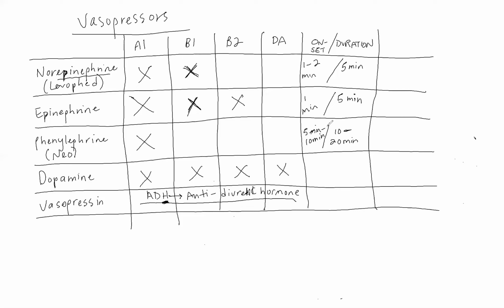So looking at dopamine, okay, so we know that dopamine hits all the receptors that we have listed. We've got our alpha 1, beta 1, beta 2, so we're hitting the periphery, we're hitting the lungs, we're hitting the heart, we're hitting the dopaminergic receptors.